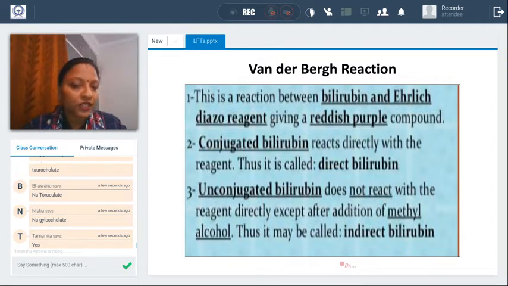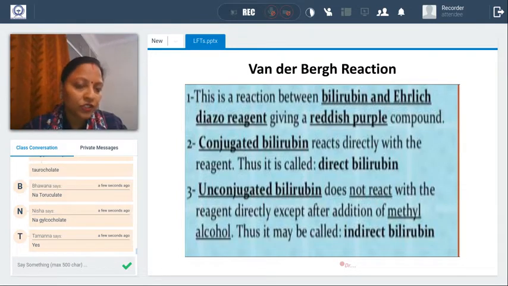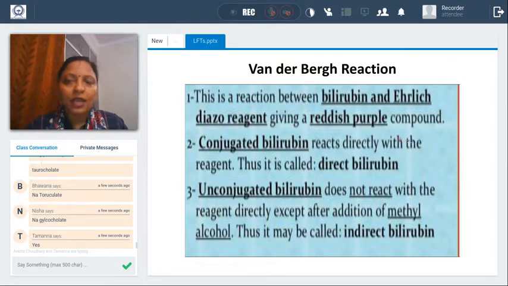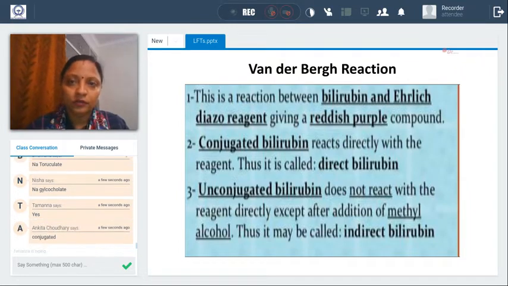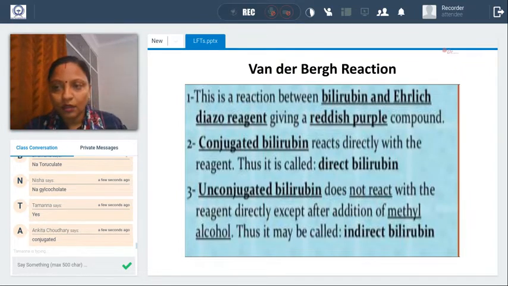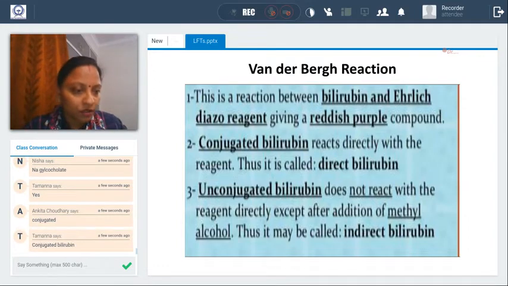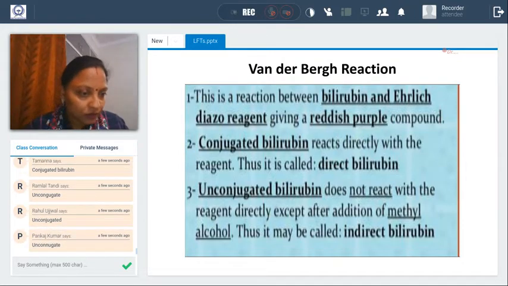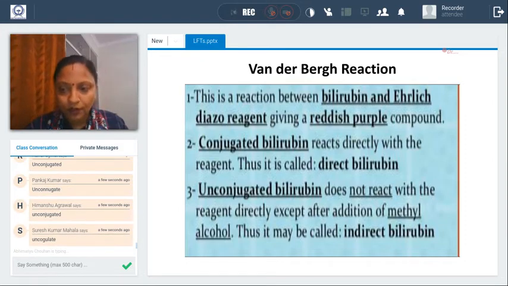So, please write in the box, what is indirect bilirubin? What is another name of indirect bilirubin? Please write in the box. Am I audible to all of you? Kalpna, what is indirect bilirubin? What is another name of this indirect bilirubin? Sujata. Okay.